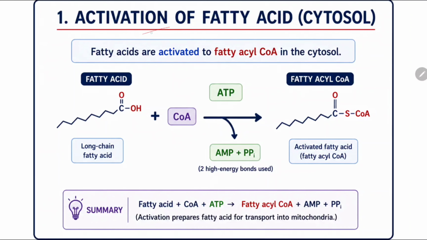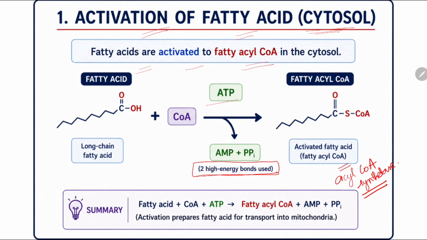So first step is the activation of fatty acid, and this occurs in the cytoplasm. So what actually happens here? Fatty acids are activated to form fatty acyl-CoA, and this occurs in the presence of the enzyme acyl-CoA synthetase, and during this process 2 high energy bonds are utilized, that is 2 ATP molecules are utilized.